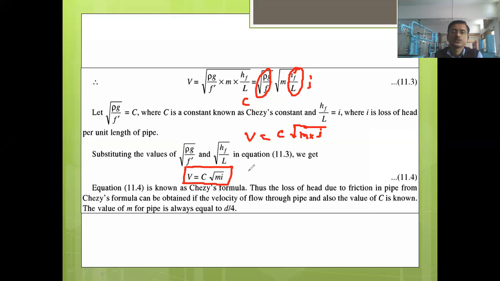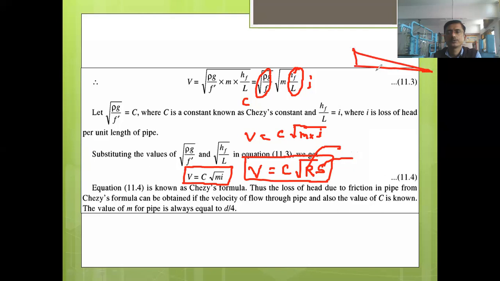Some authors use the notation R for the hydraulic radius and S for the loss of head per unit length, so the equation can be written as V is equal to C into under root of RS, where R is the hydraulic radius and S is the loss of head per unit length, or the slope.